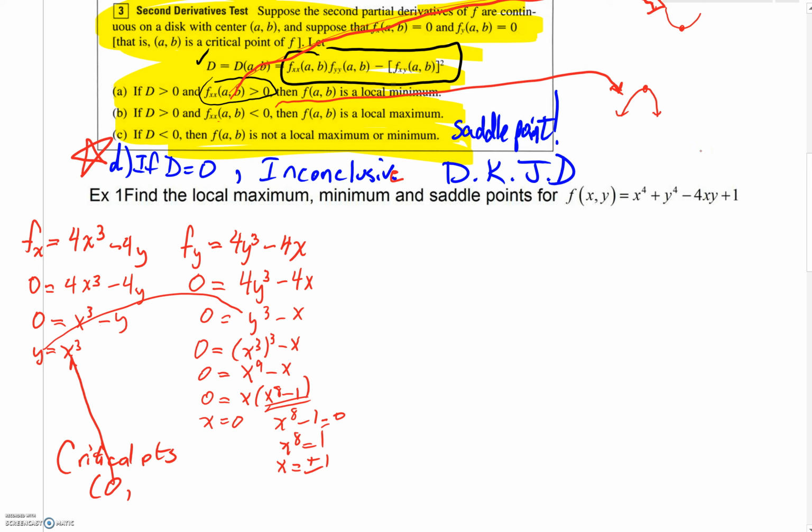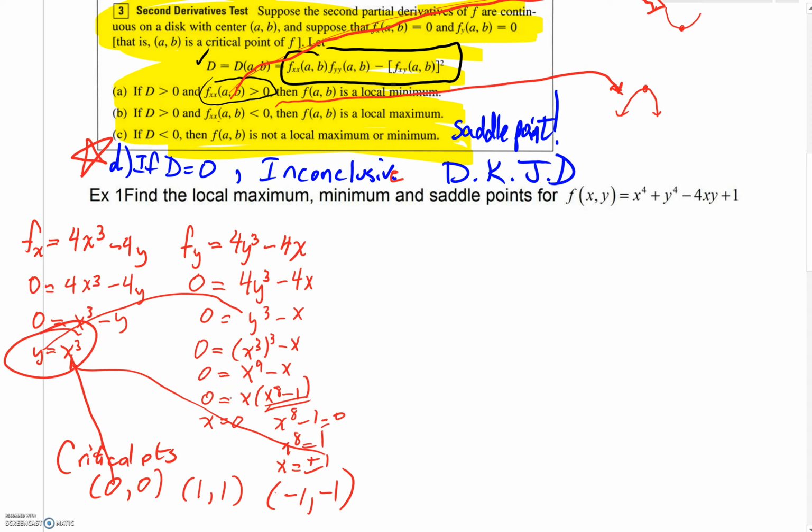But if we let x equal 0 right here, of course, y would equal 0. If x was equal to 1, of course, our y would be a 1. And if x was negative 1, then y would equal negative 1. So we've got 3 critical points. Later on, we can actually find out what z values are. Of course, to find a z value, you need that y value. And that's why we've got this system set up.